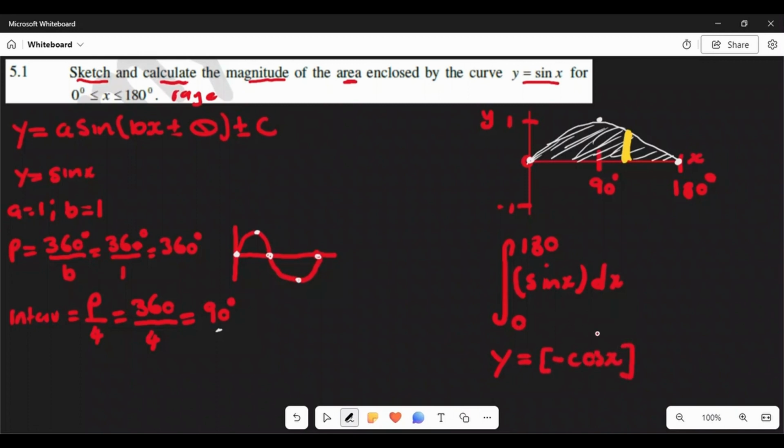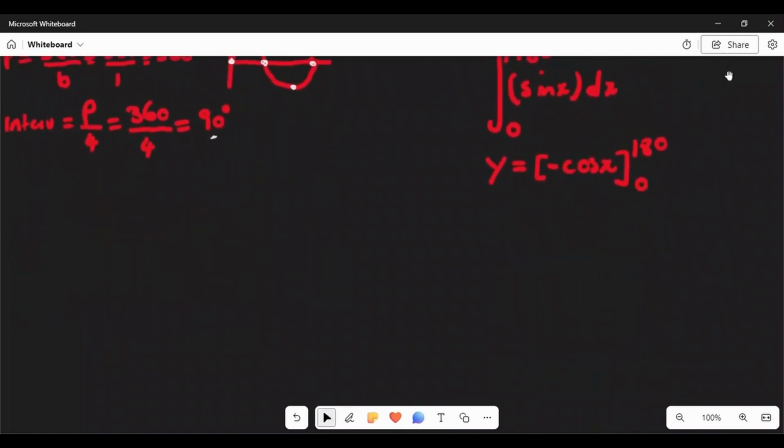Since these are definite integrals, don't forget to write your upper limit here and the lower limit there. So from there, we do the following steps. The following step is going to be y equaling the upper limit subtracted by the lower limit.